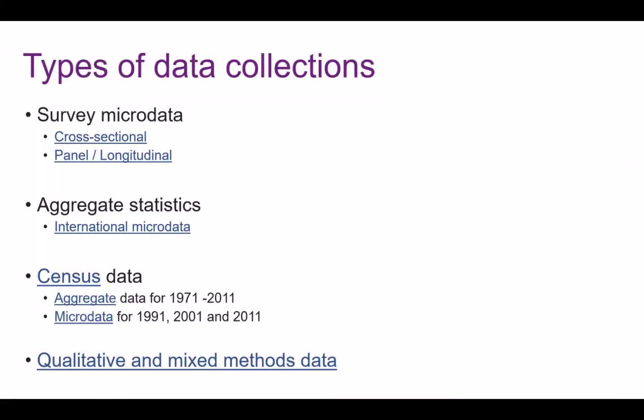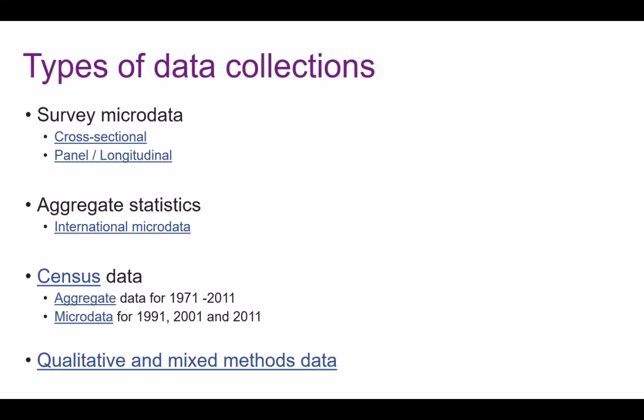So what kinds of data do we hold? Well, this session is all about qualitative and mixed, but just so you know, the majority of the data, at least judging by the number of collections, is certainly quantitative data. So we hold over 8,000 collections, of which just over 2/3 of them, so over 6,000 of them, are quantitative collections. And we hold a wide variety of that data as well.